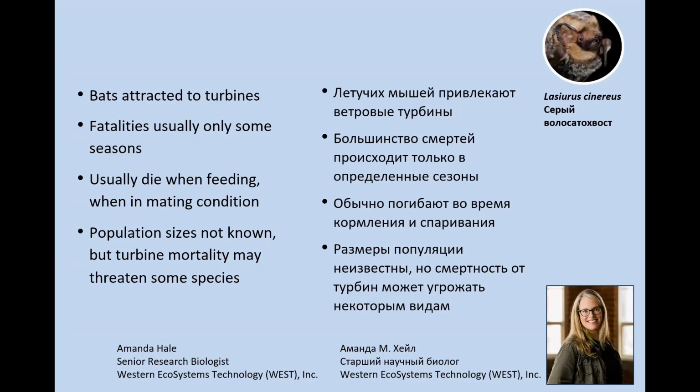And as a consequence of that, if we find 100 dead bats, we don't know if that's a big part of the population or a small part of the population. And so we can really have some problems understanding the impacts to populations for many bat species.